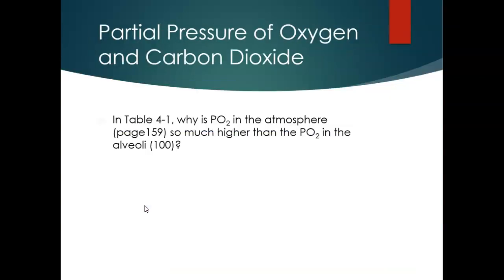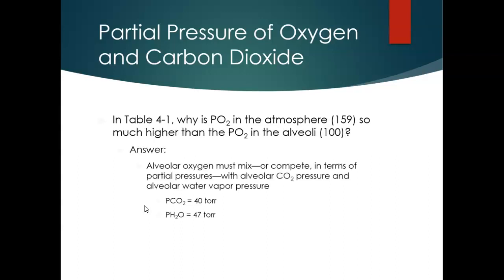So those two tables really explain why your PO2 in the atmosphere is so much higher than the PO2 that is actually in the alveoli. If you noticed on that chart, you had the atmospheric PO2 of about 159 and the alveolar PO2 of about 100. The reason is that you have to subtract the partial pressure of water from the total partial pressure first.